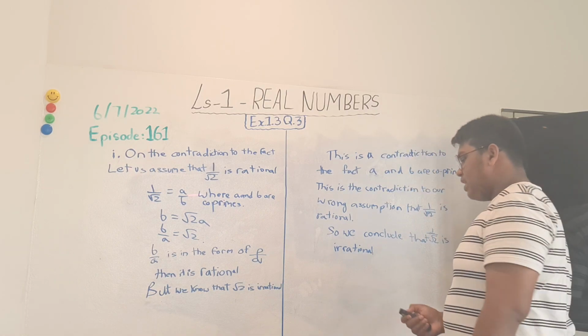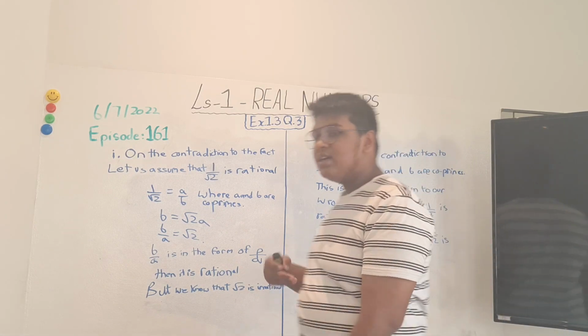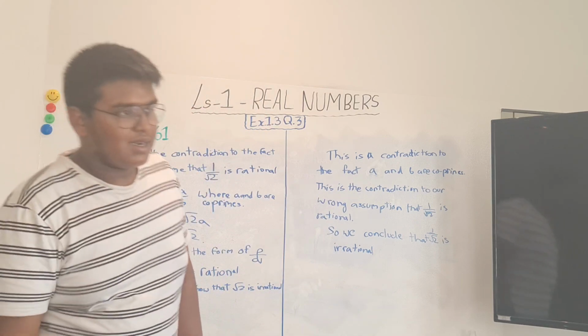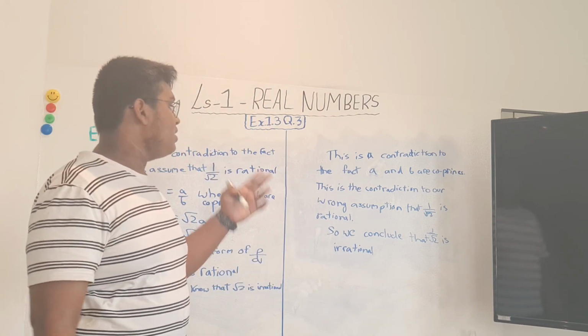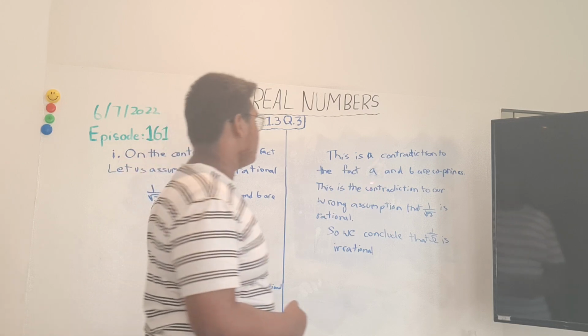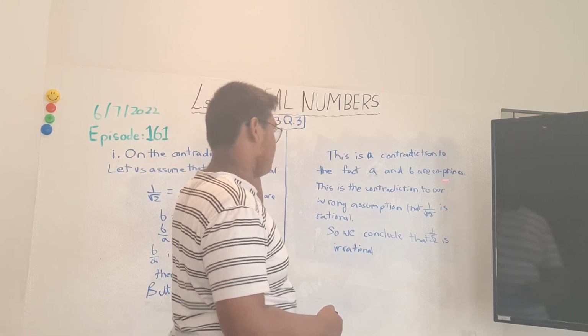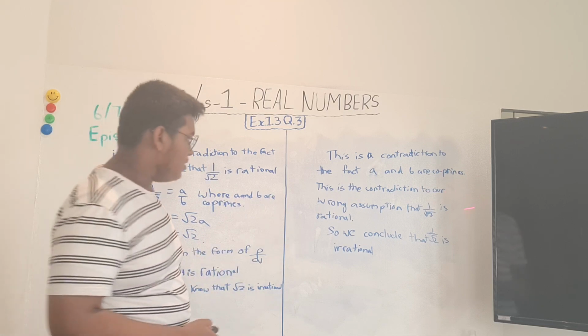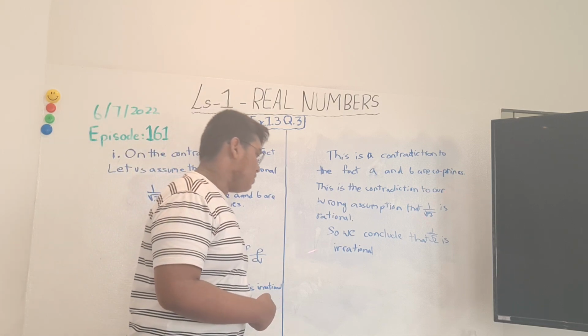But we also know that root 2 is irrational. Because root 2 is an irrational number, this is a contradiction to the fact that a and b are co-primes. This is the contradiction to our wrong assumption that 1 by root 2 is rational.